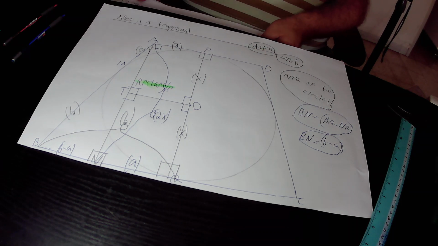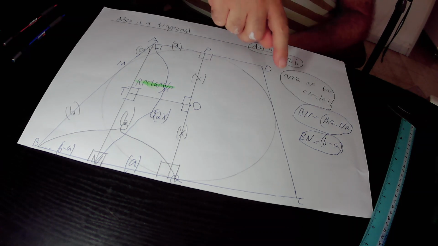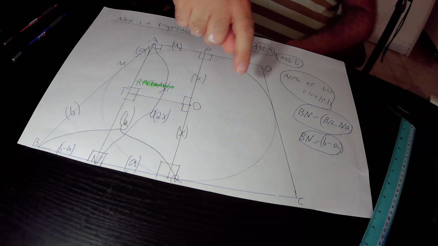So, in the drawing, we have trapezoid ABCD that blocks this circle.